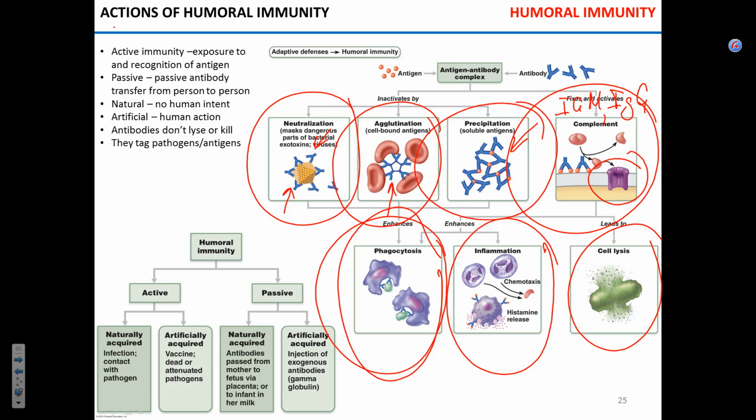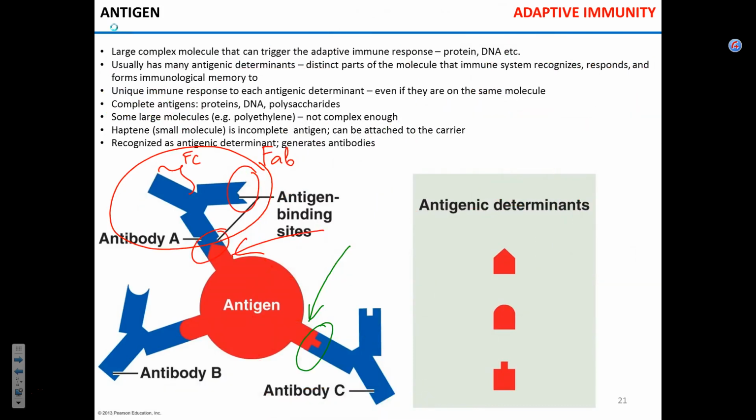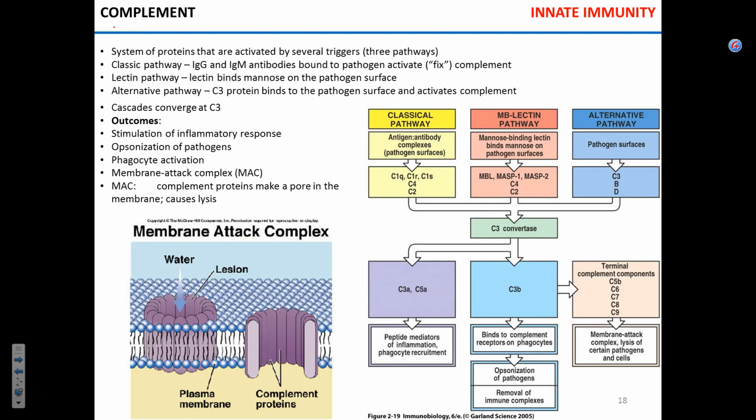So again, complement. Yeah, complement. It's quite a while back. But complement here, see, it leads to opsonization of a pathogen. And we mentioned what opsonization is. Essentially, complement proteins stick around the pathogen, making it more attractive to macrophages and neutrophils. Does that make sense? Got it?